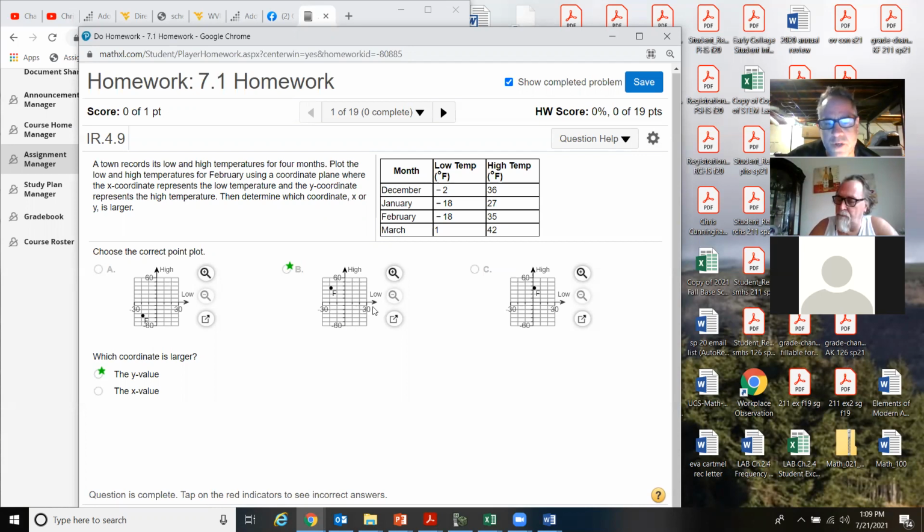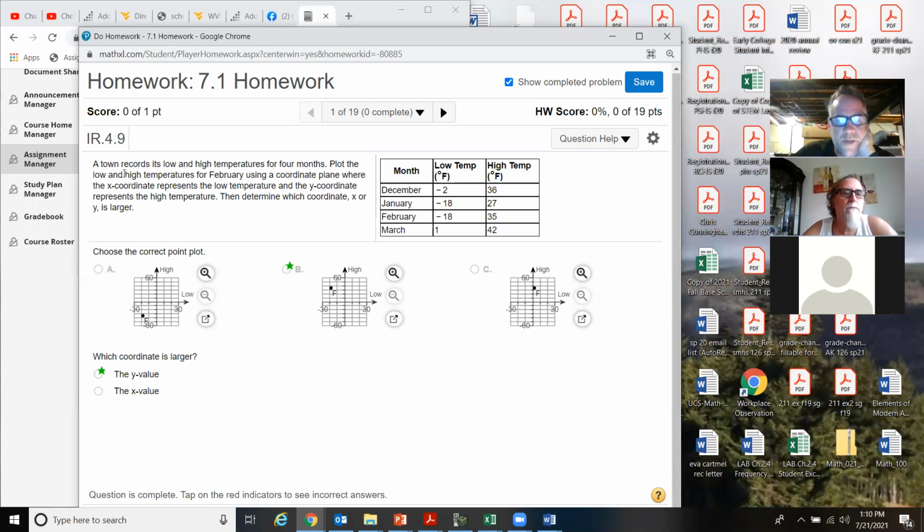We tend to always call the horizontal the x-axis and the vertical the y-axis. If you want to be fancy, it's abscissa and ordinate, but you don't have to remember those terms. It allows us to pick points in the plane and label them as an ordered pair. In an ordered pair, X comes first, Y comes second. That's the ordered part, and it's a pair, so it's two numbers paired.